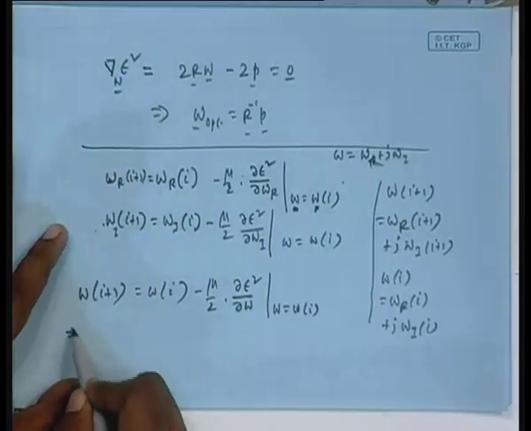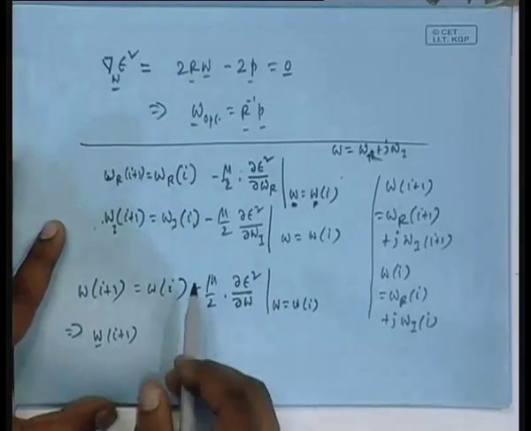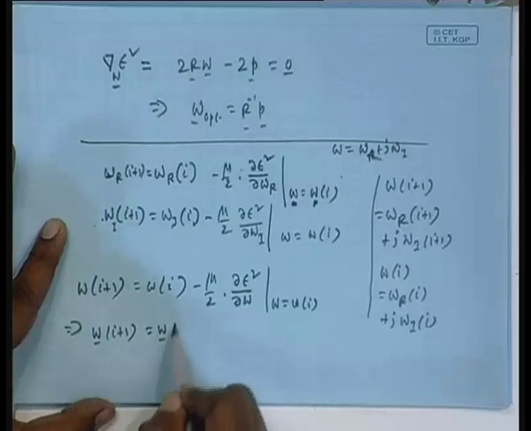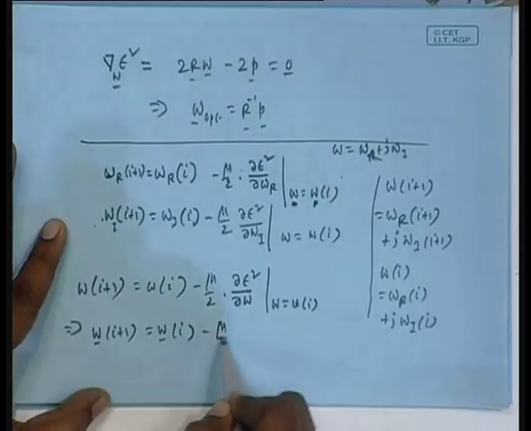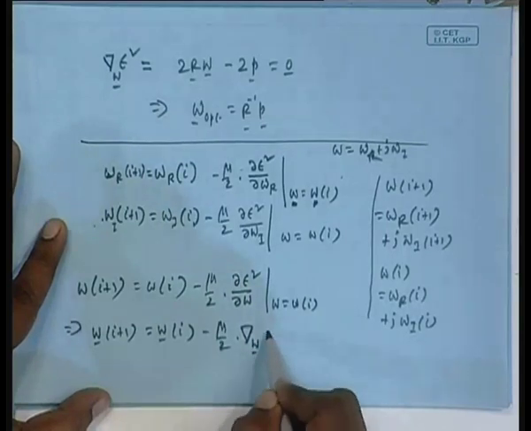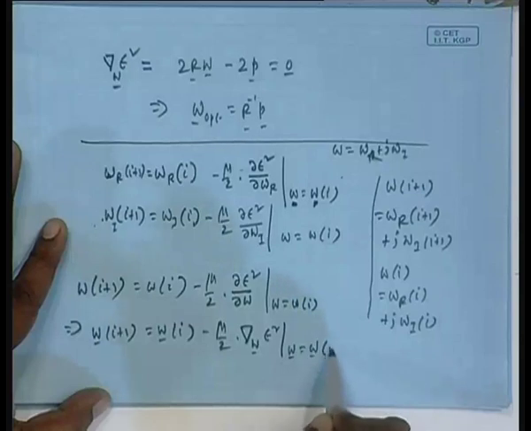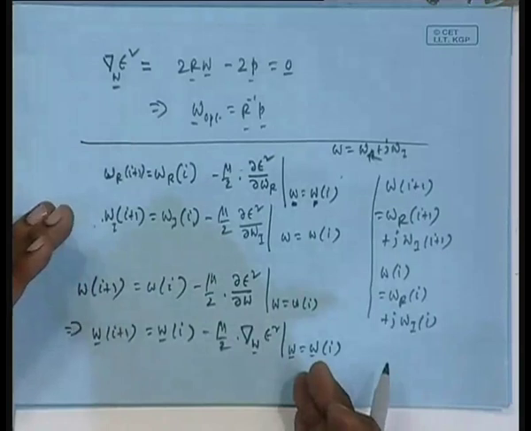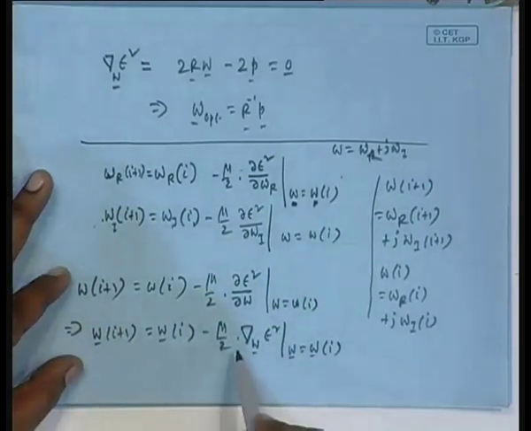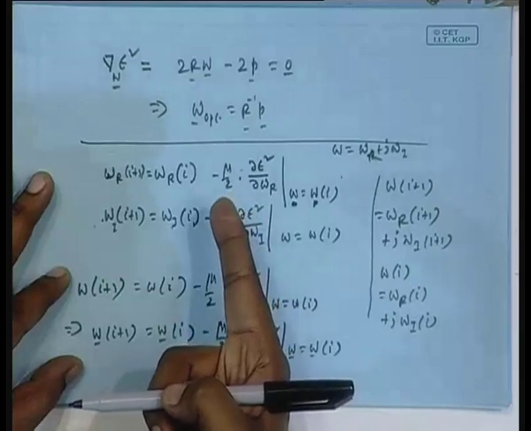So you can extend it to the multivariable, multi-weight case: Wi plus 1 equals Wi minus mu by 2, del comes now. Okay. I can easily generalize this, and this gradient we have also found out in the previous minimization procedure, isn't it?